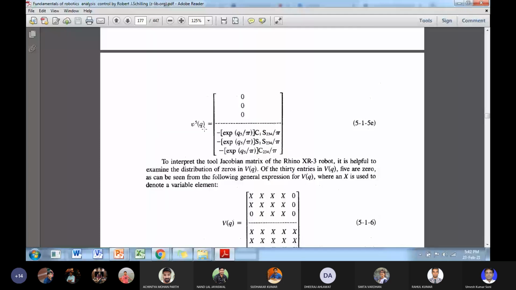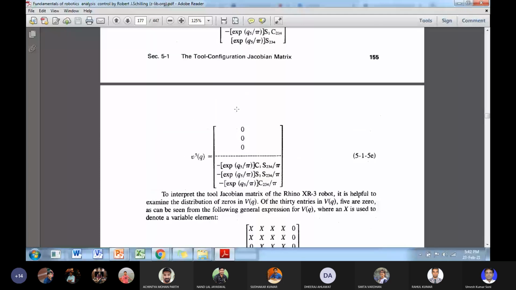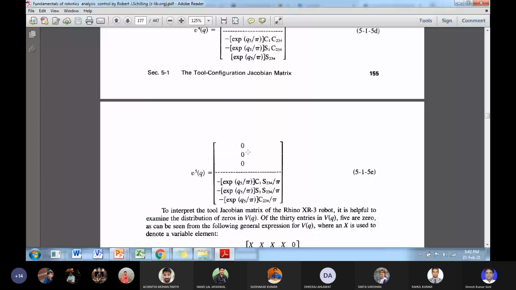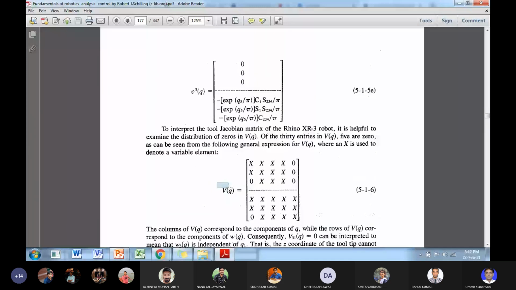So this is the value. This is 5 completely. We have determined 5 vectors which have elements which are the derivatives of the elements of the tool configuration vector with individual joint variables. So the complete Jacobian will be determined using these 5 vectors.